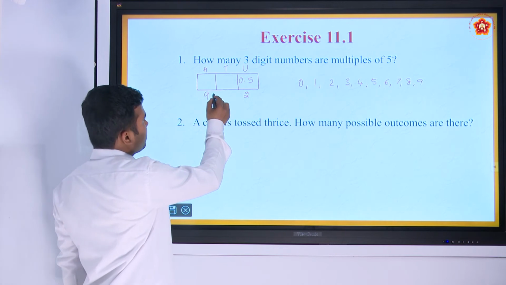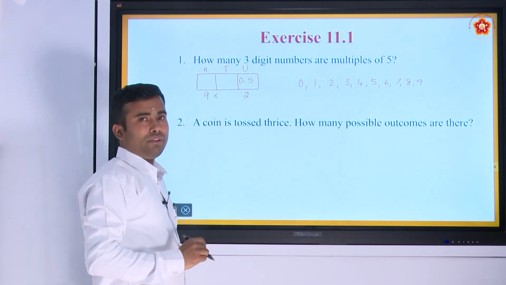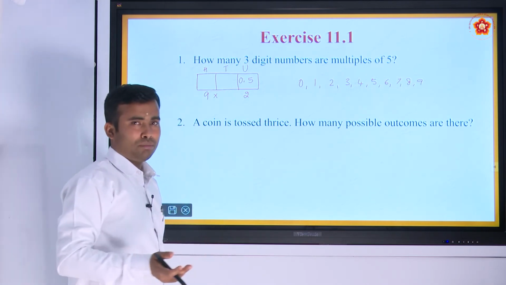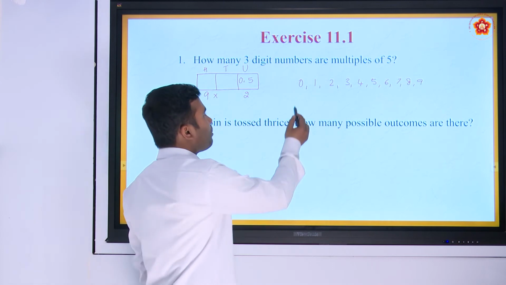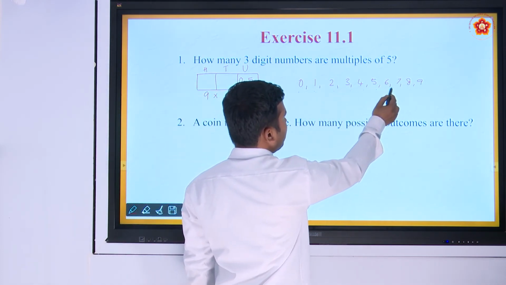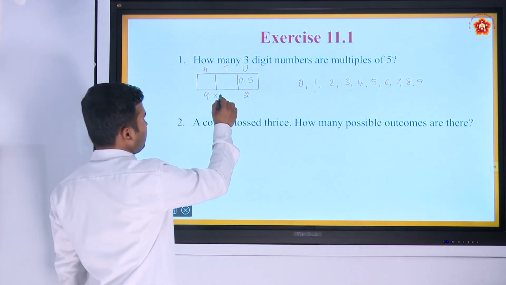And in the 10s place we can have any number from 0 to 9. So how many possibilities? You may count 0, 1, 2, 3, 4, 5, 6, 7, 8, 9. There are 10 digits possible here.